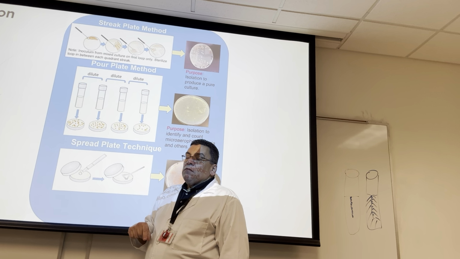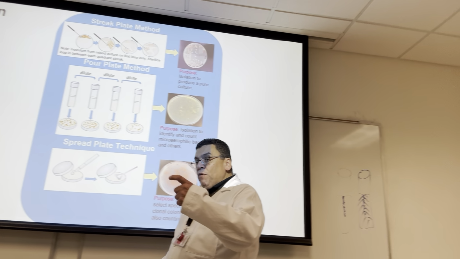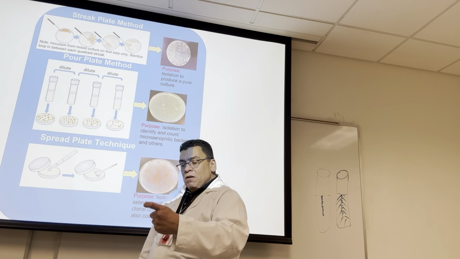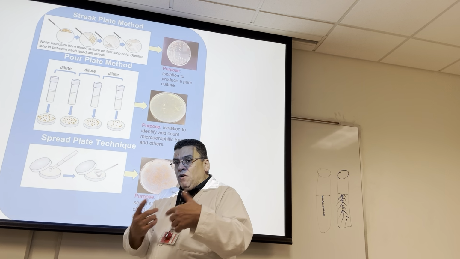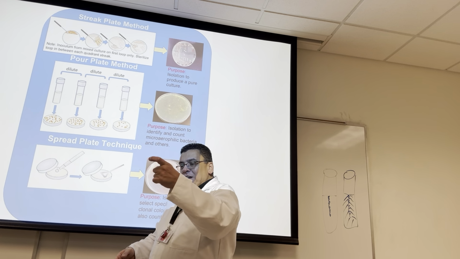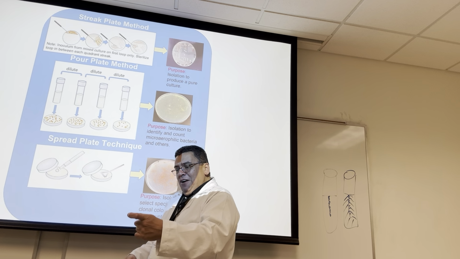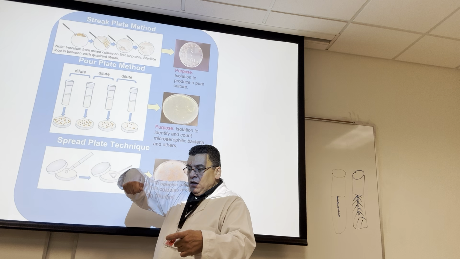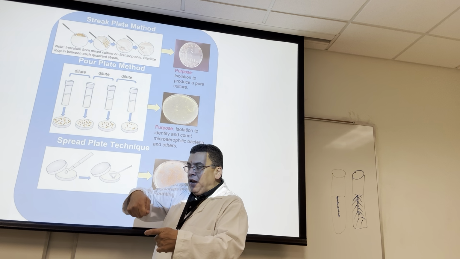But how do I add the sample to the plate? It's very easy actually. You put the sample in the middle, watch, and you put the plate on what's called a turntable. It's a little round table that spins. I used to have fun with this thing. You got an L-shaped glass rod that is sterile, and you put the glass rod to the top of the media.